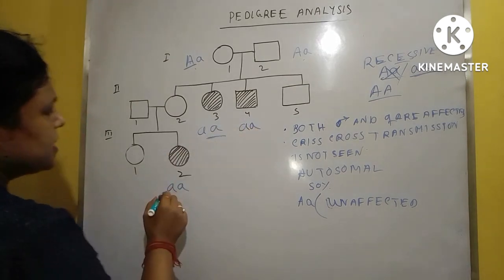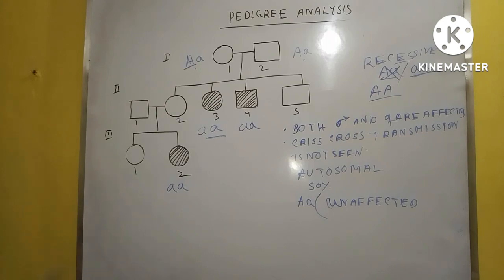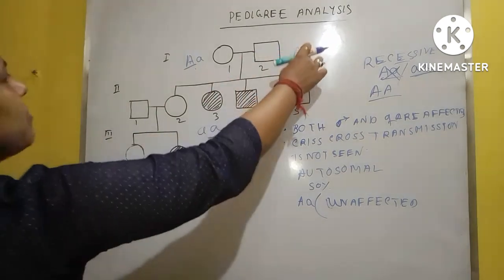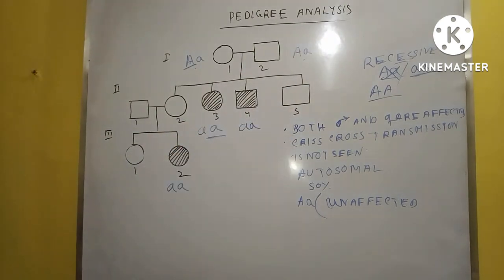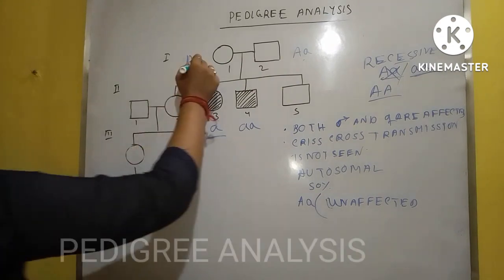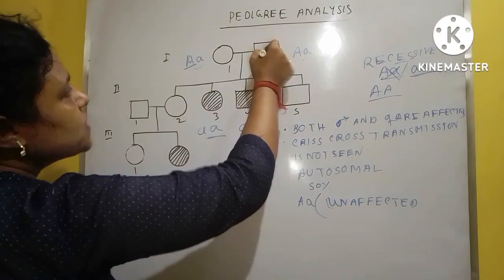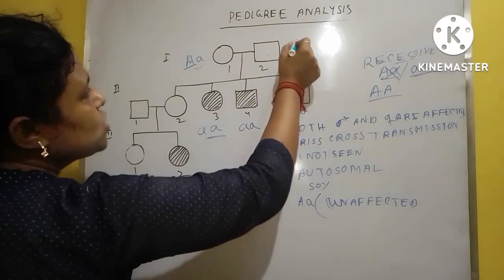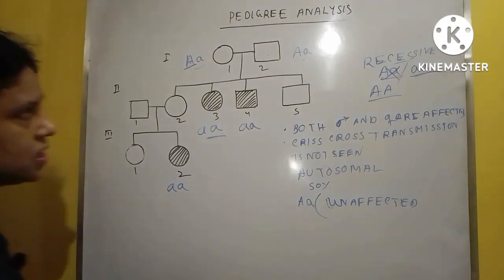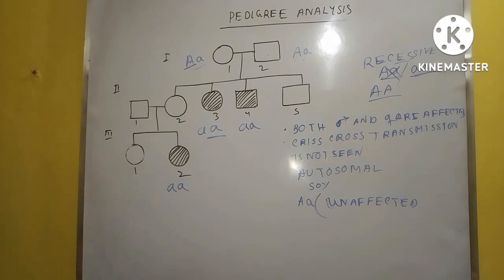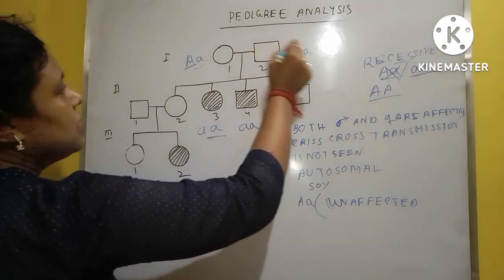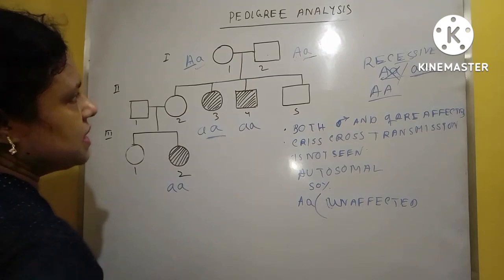One small a comes from the father, so the other small a must come from the mother, because if the father remains heterozygous, he has one dominant A and that is why he is unaffected. Clear? But one recessive gene is present here.